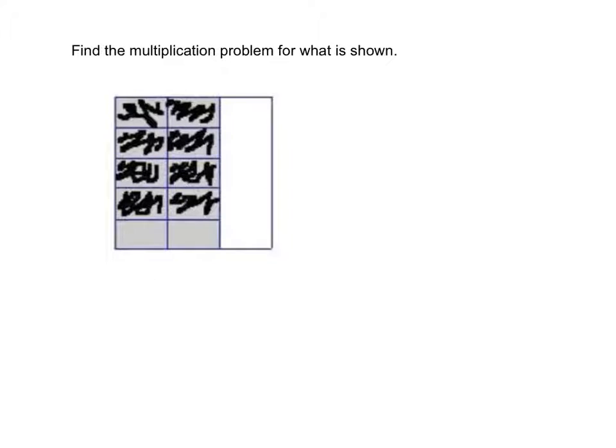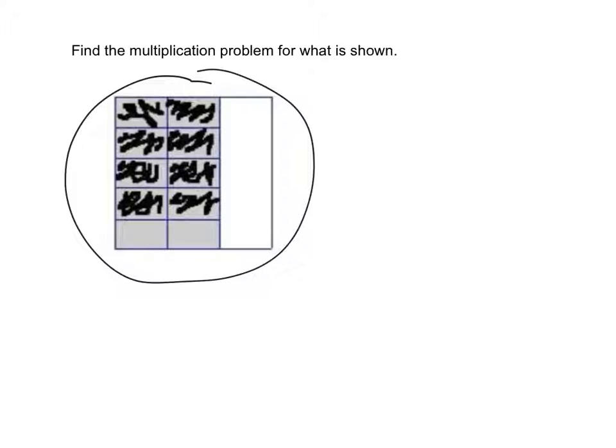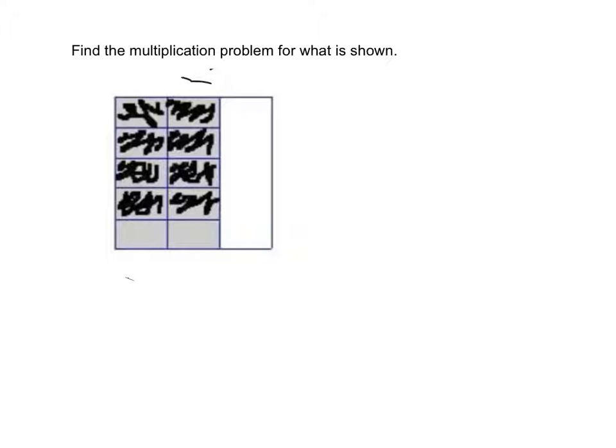Now let's look at a different example. Now we have a square that's already been shaded, and we are going to look at whether we can create a multiplication problem for what was shown. I like to look across the top first and see how many sections it is.